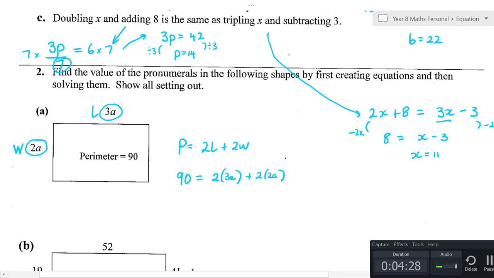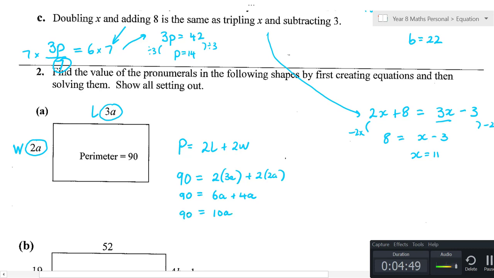Now, when I expand that out, 2 times 3a is 6a, and 2 times 2a is 4a. And there you go, we have 90. Now, what we're going to do is collect like terms. So 6 apples plus 4 apples is 10 apples. That's right.